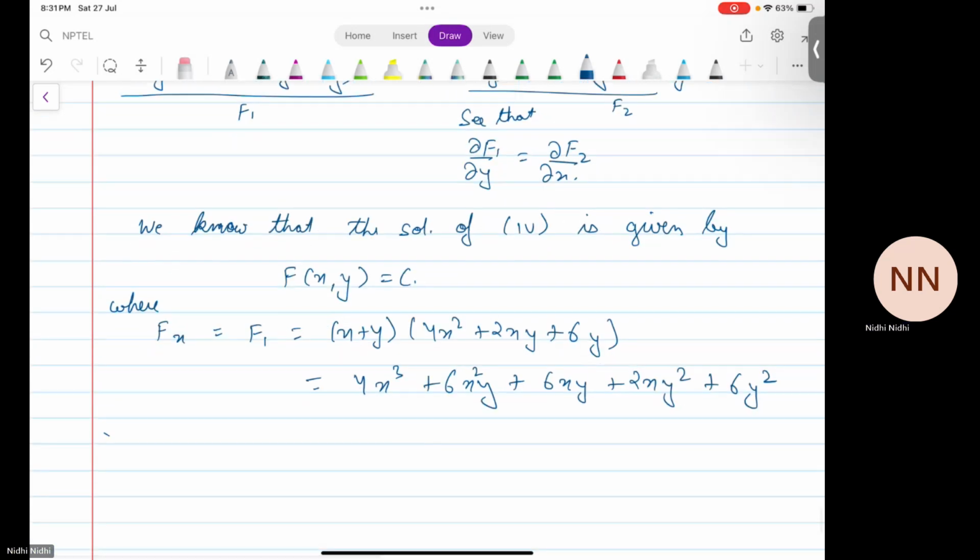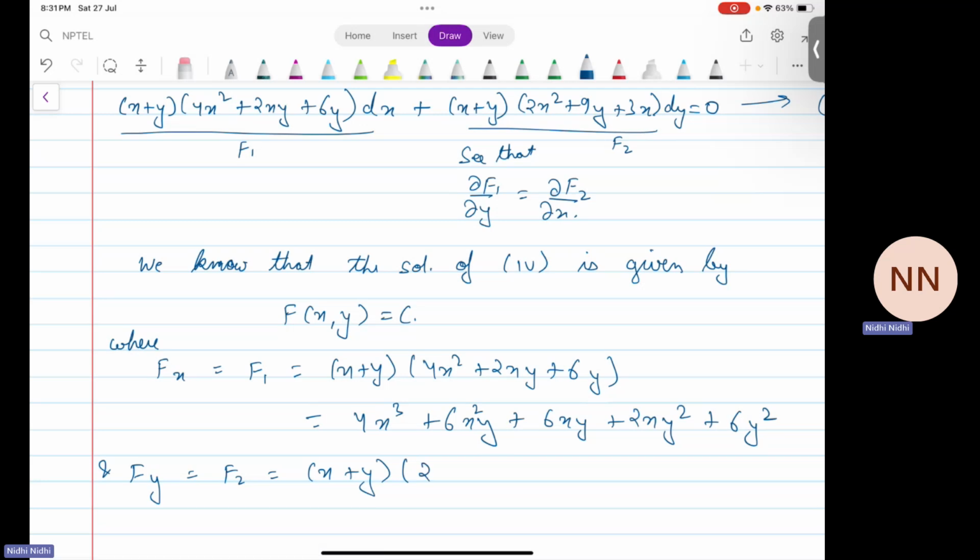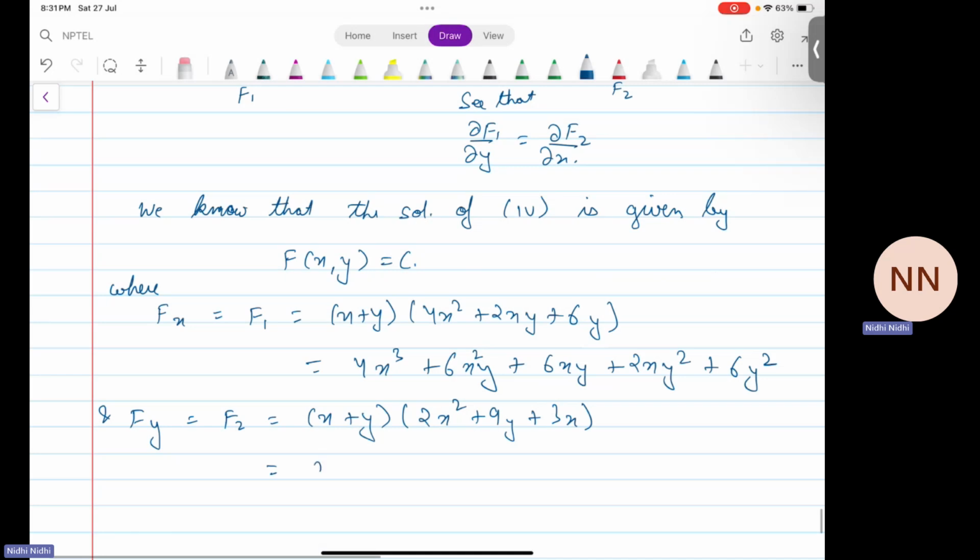And f y is given by f2, which is equal to (x plus y) times (2x square plus 9y plus 3x), which is 2x cube plus 9xy plus 3x square plus 2x square y plus 9y square plus 3xy.